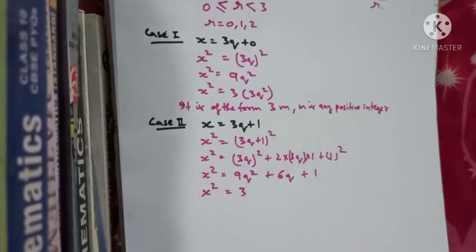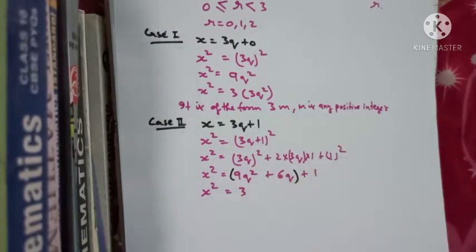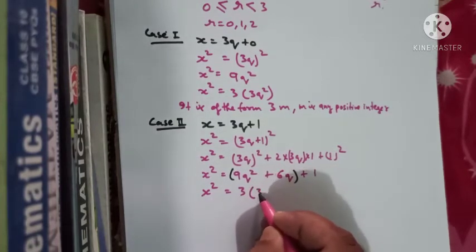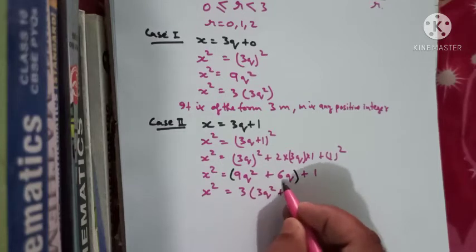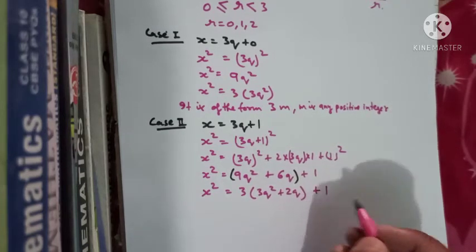Now we can take 3 as common from the first two terms. If we take 3 as common from the first two terms, we will get 3 within bracket 3q square plus 2q, and plus 1.